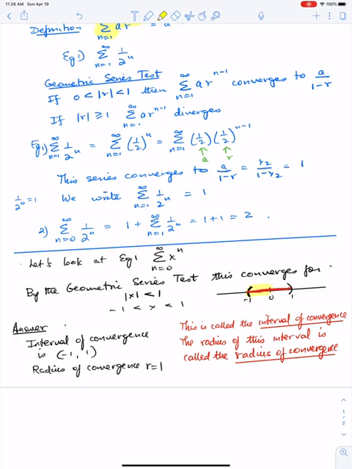Something to note that we will talk about in the next example is that the power series always converges at x equals c. Over here it's 0, so it always converges at 0. Why? Because if you put x equals c in the power series, you just get 0. So nothing to it. It'll always converge at x equals c.